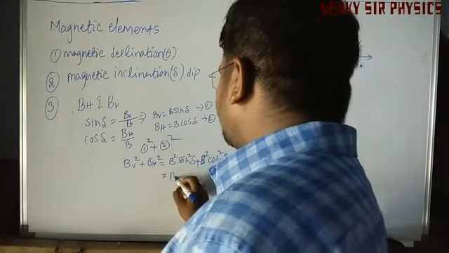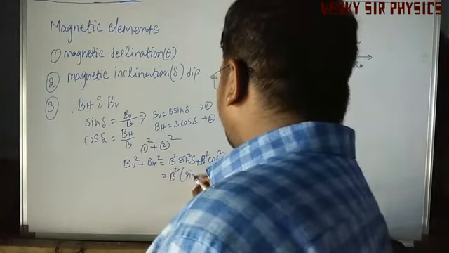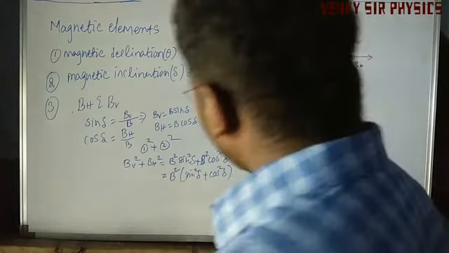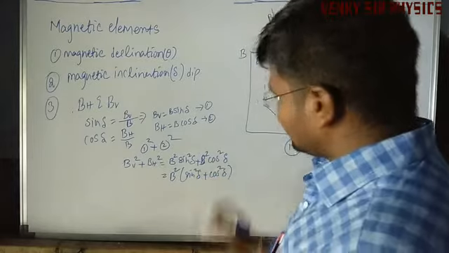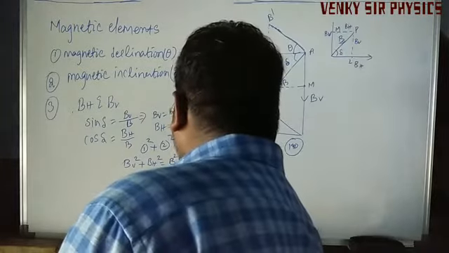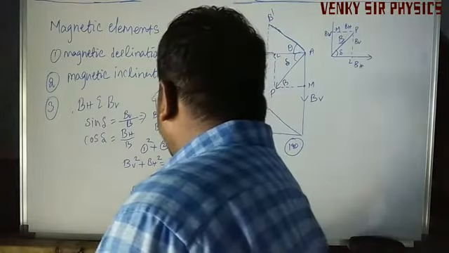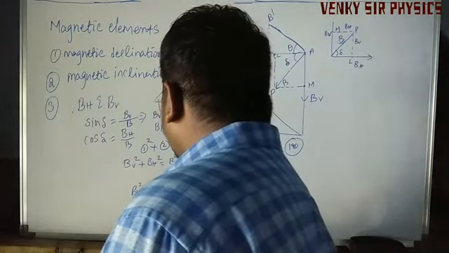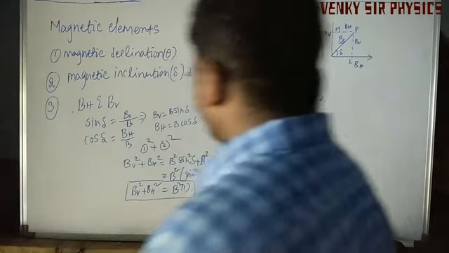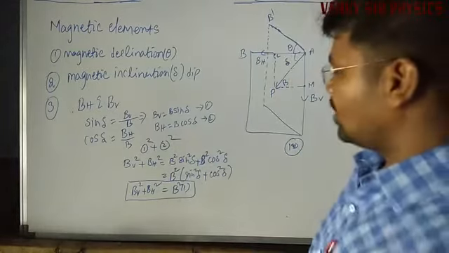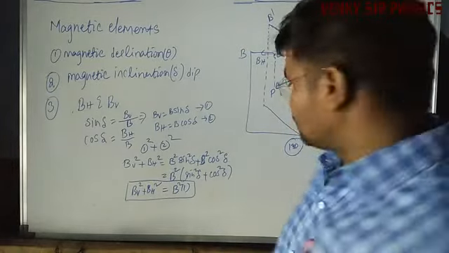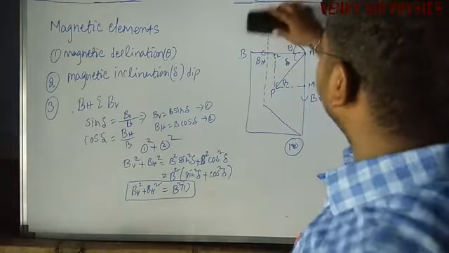Okay, B square is common, sin square delta plus cos square delta. Understand? Sin square delta plus cos square delta is 1. Okay, B square into 1. Okay, BV square plus BH square. Understand? BV square and BH square will give the square of the total magnetic field.